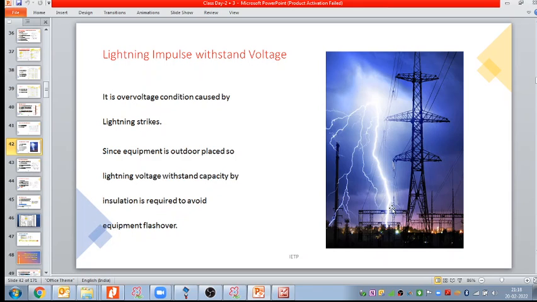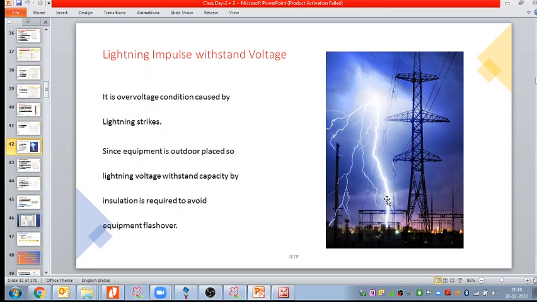How much voltage may come from the lightning? As per CIGRE, they have classified the voltage level based on the rating of the equipment, because based on the rating, the equipment height changes.